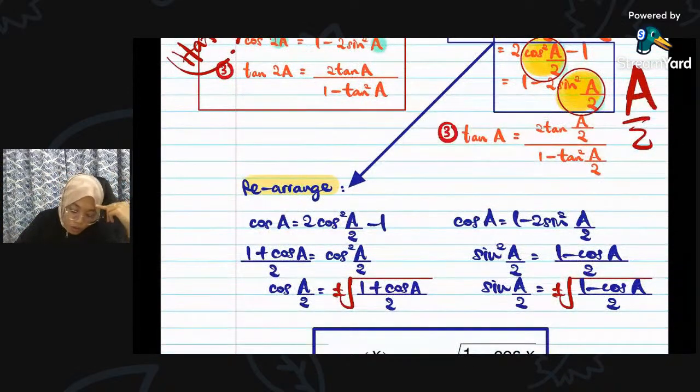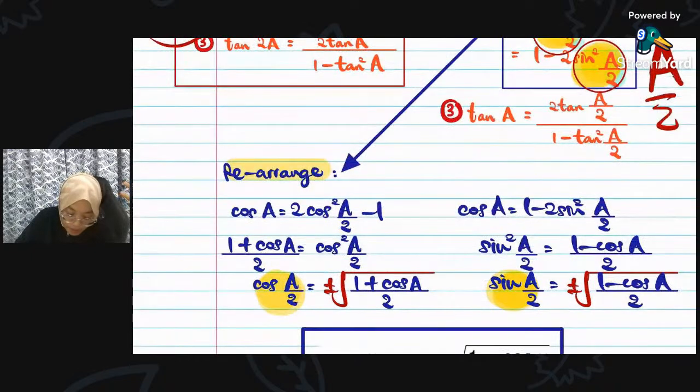And so you akan nampak lah bila jadikan cos dan sin A over 2 sebagai subjek, pada asalnya dia ada square. Tapi nak hilangkan square ni, terpaksalah pakai plus or minus square root. And that's why the plus and minus square root is existed there. Okay, sebab itulah plus minus square root diwujudkan di situ.